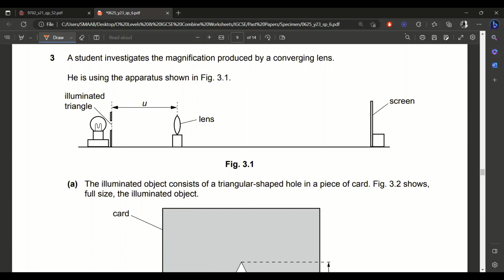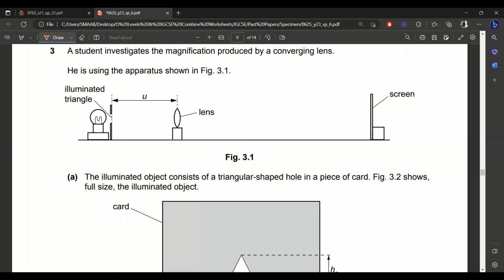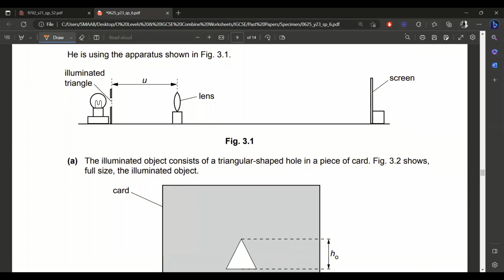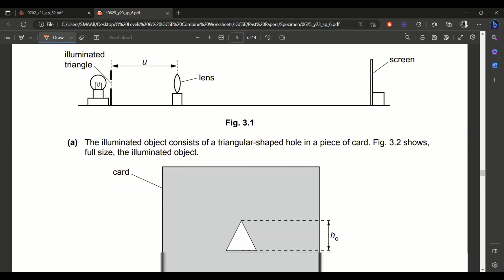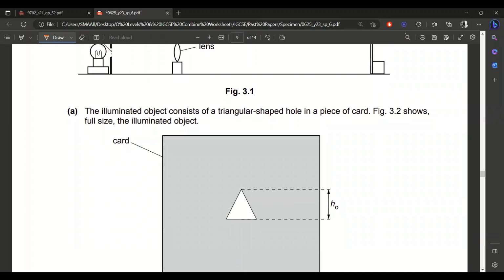Okay, again we have a starting paragraph and a related diagram. We have a bulb on the left hand side, and there is an illuminated triangle in the center. Then we have a lens, then a screen. The illuminated object consists of a triangular shaped hole in a piece of card.